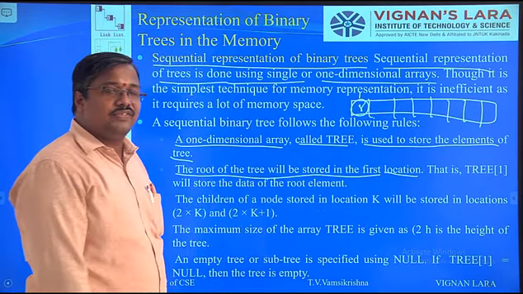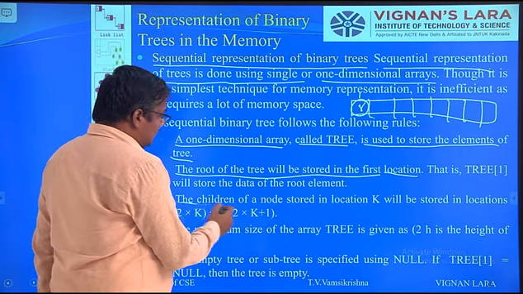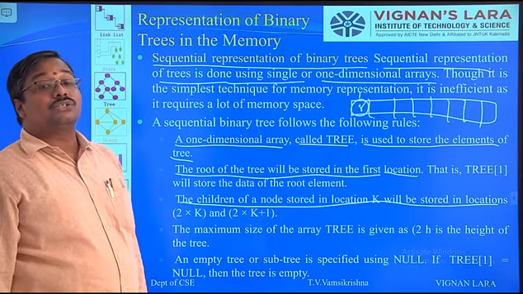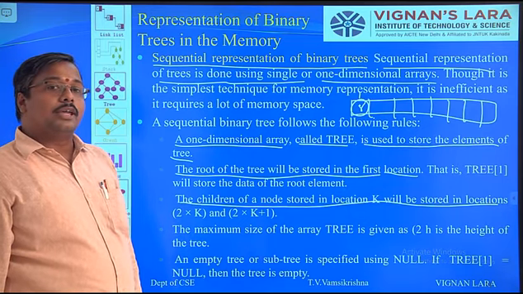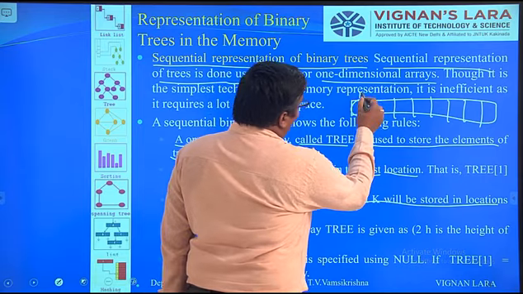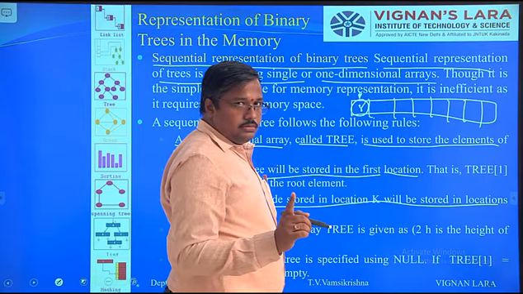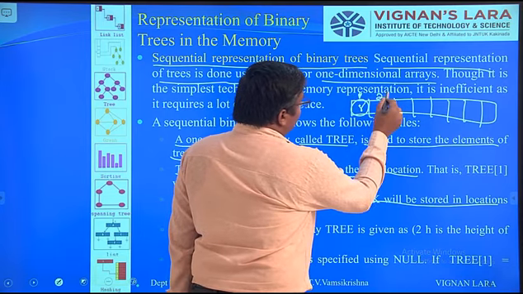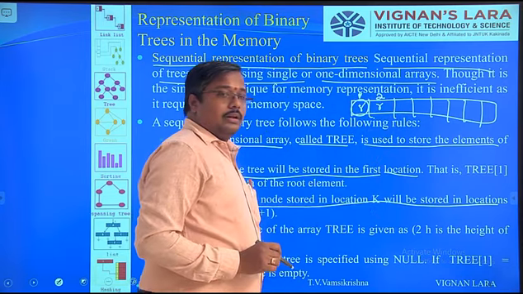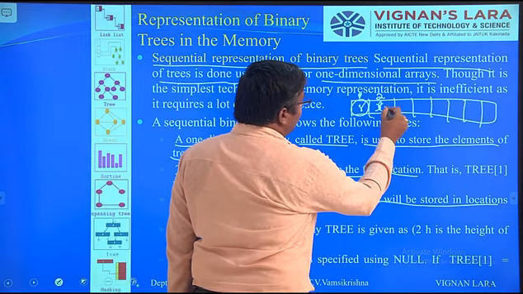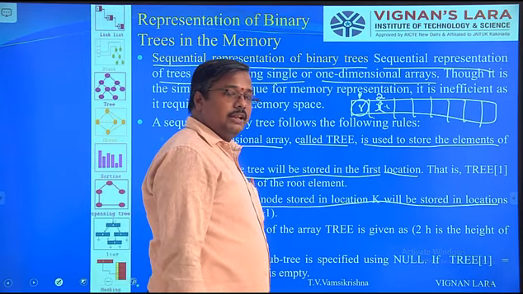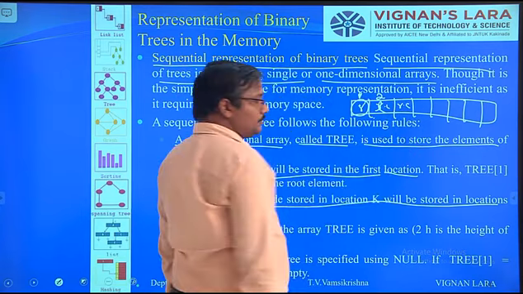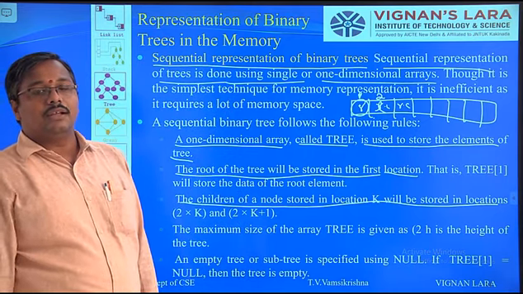The children of the nodes are stored in 2k and 2k plus 1. For example, location 1 has the root node. So 1 into 2 means 2, the second location, which refers to the left child of the root node. Next, 2 plus 1 is 3, the right child of the root node.